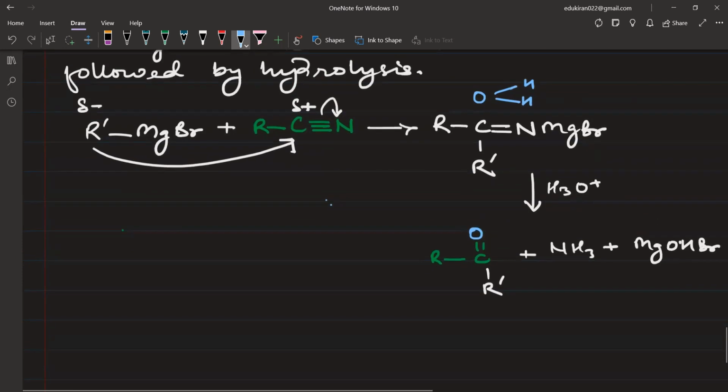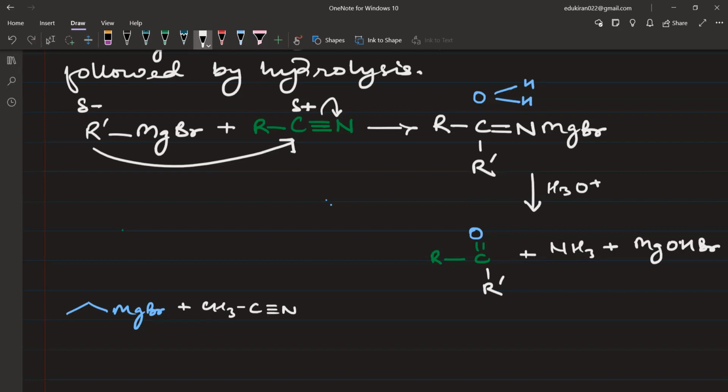Write some specific reactions. एक काम कीजिए, ऐसे लिखिए इसको. फर्स्ट स्टेप में CH3CN, सेकंड स्टेप में H3O प्लस. तो यहाँ पे आपके पास CH3C डबल बॉन्ड O कहाँ से आ चुका है?